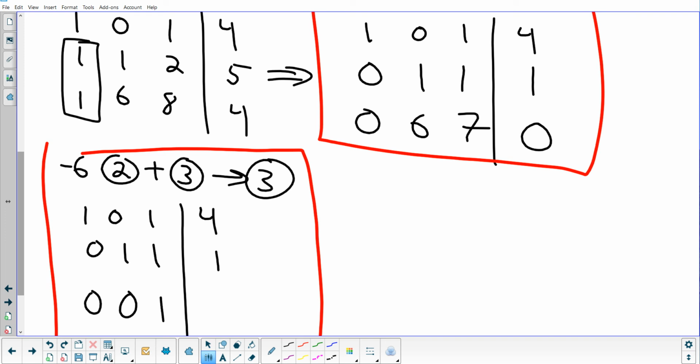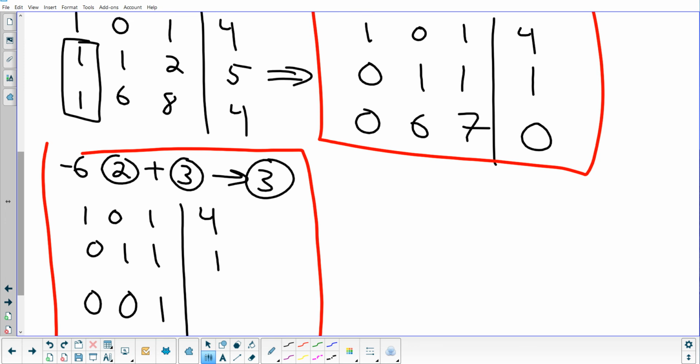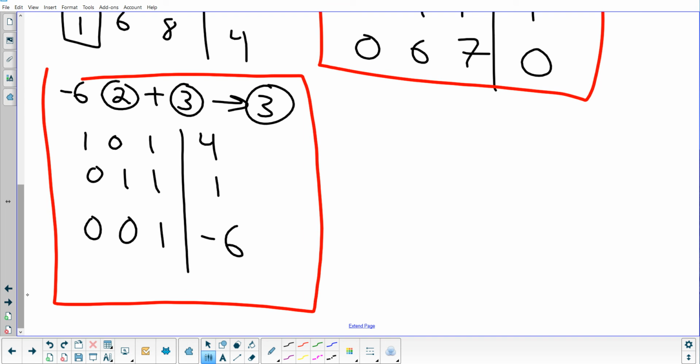I mean, this problem really couldn't be working out any better. This is as good as you can get. Times negative 6 plus 0 is negative 6. So the next step would be to get a 1 in the lower right. We had to do that in the last problem. This time, it happened automatically.